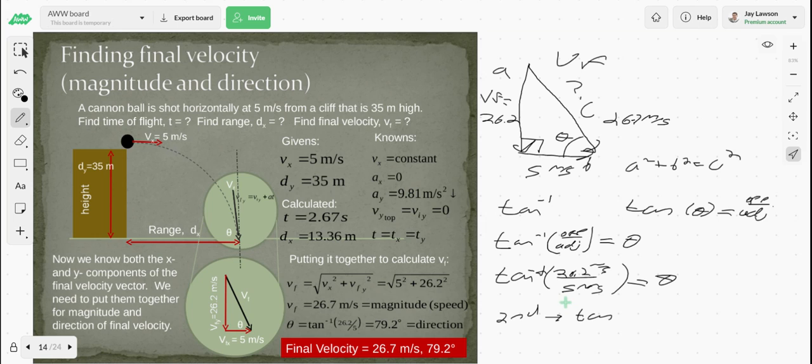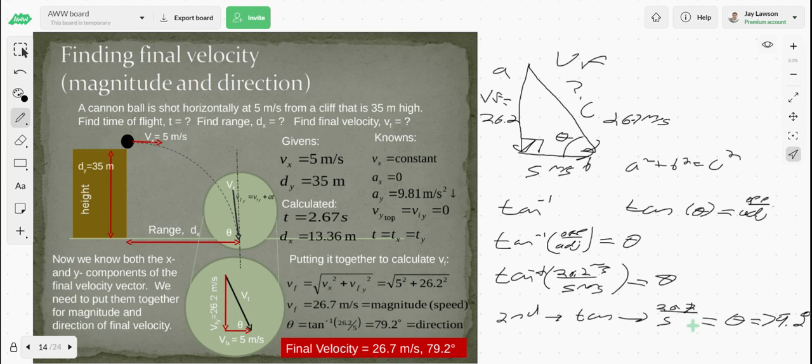Okay, it should say TAN with a -1. Hit second, tangent, and then type in the ratio, 26.7 over 5, and that should give you your angle. And that will end up 79.2 degrees. 79.2, and that's our angle.